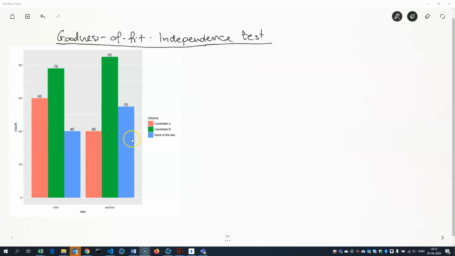And the opinion poll has been categorized into men and women.